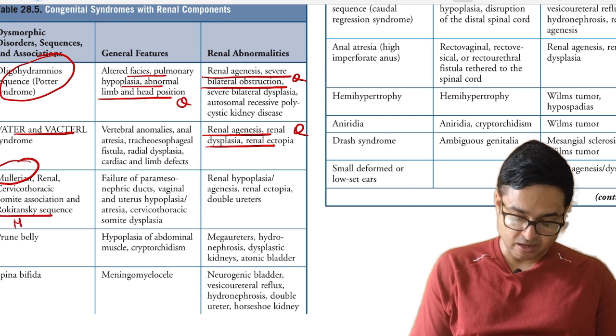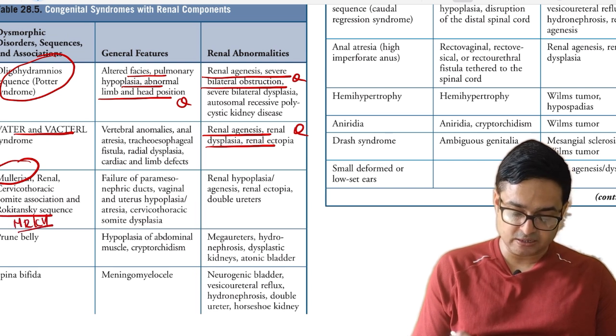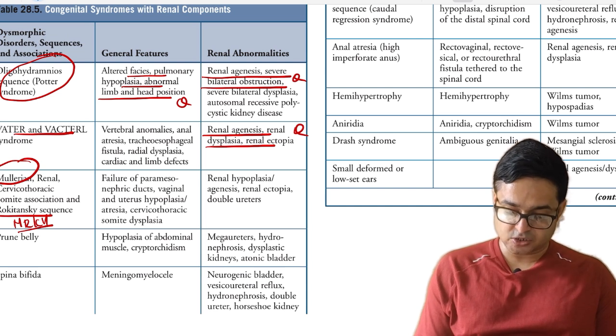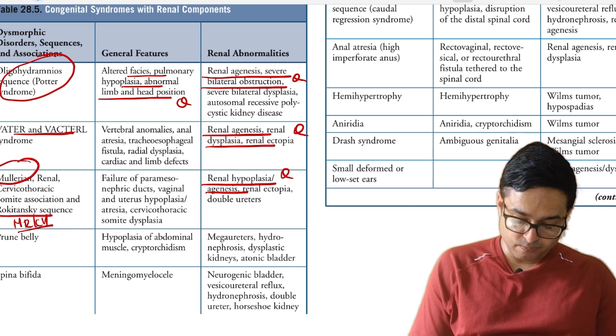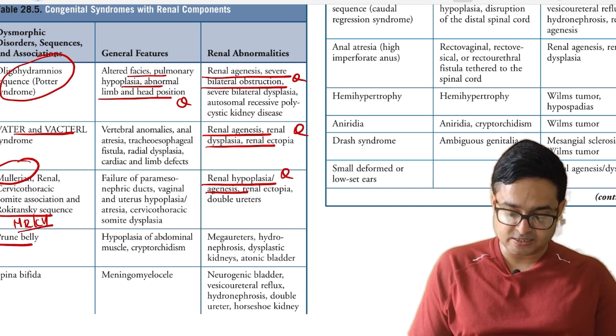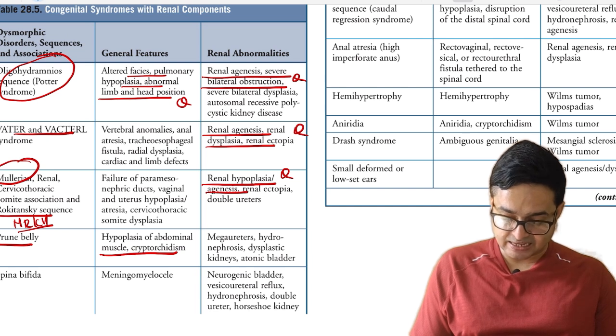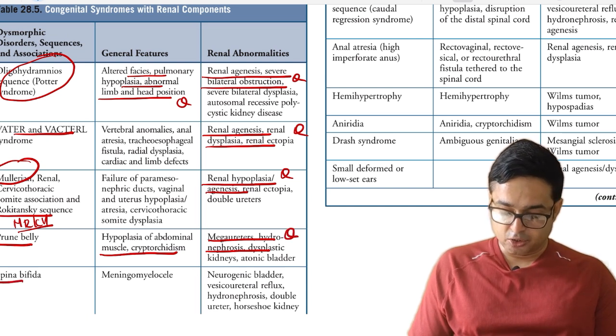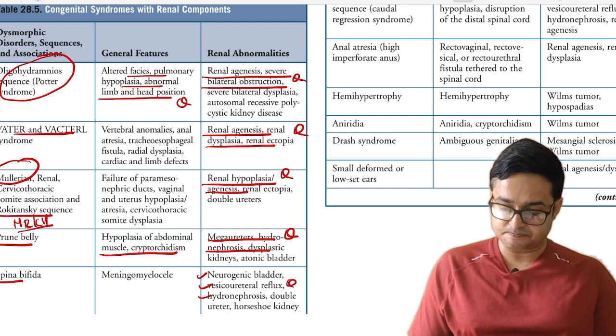I will not discuss MRKH syndrome in detail, but in MRKH syndrome, renal hypoplasia and agenesis are seen. Prune belly syndrome, that is hypoplasia of abdominal muscles. All we know what is seen in this from a kidney point of view: megaureter, hydronephrosis, dysplastic kidney. Okay, spina bifida: neurogenic bladder, vesicoureteral reflux and hydronephrosis are seen.